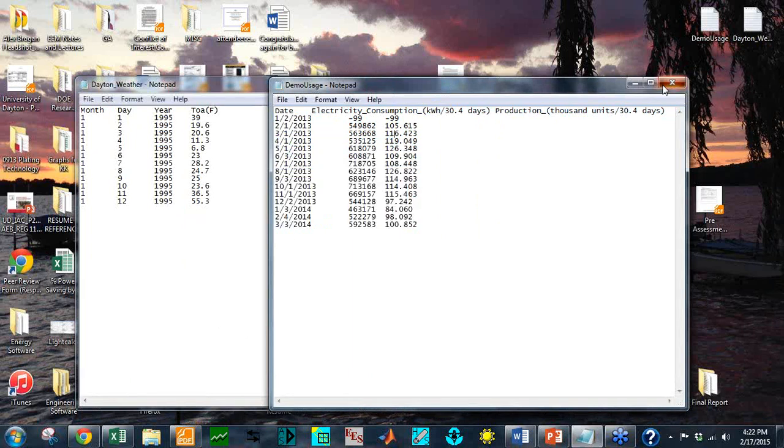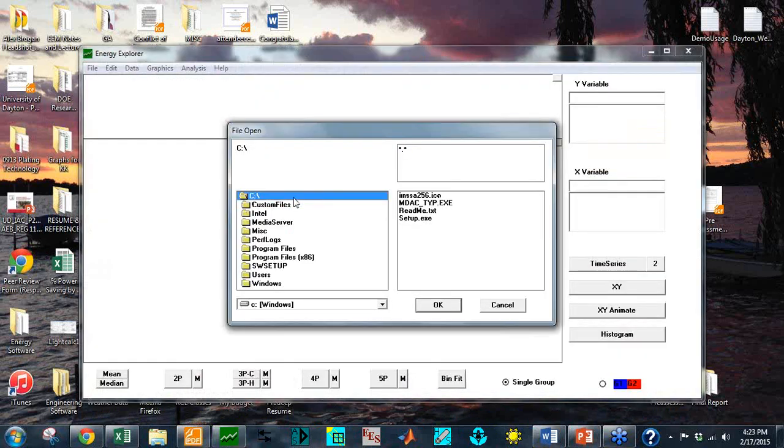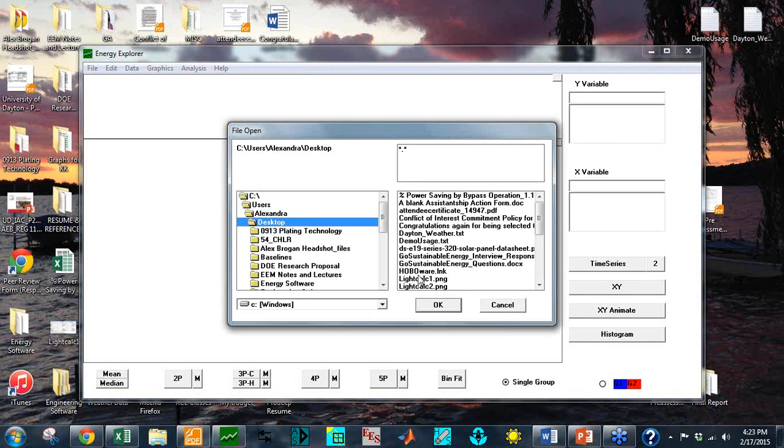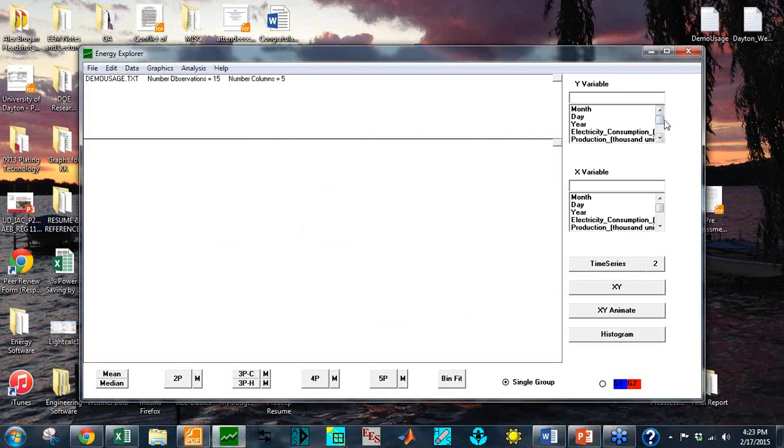So that's what we're going to upload into Energy Explorer here. So here's the weather data. I'm going to open the usage data and merge these files.